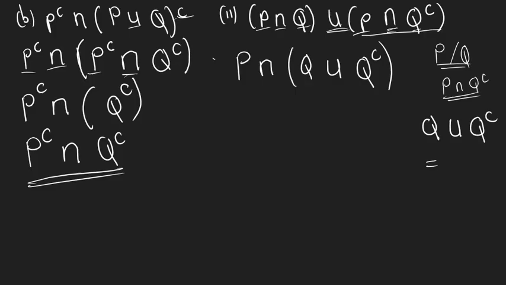Q is a set, then you unite it with everything that is outside that Q. So if Q is our main set, get everything that is outside Q, which is now Q complement. Everything outside Q together with Q is going to be the universal set.